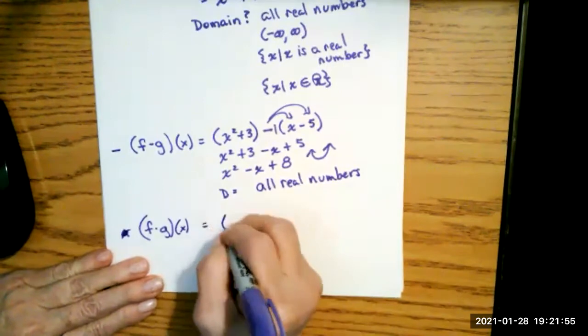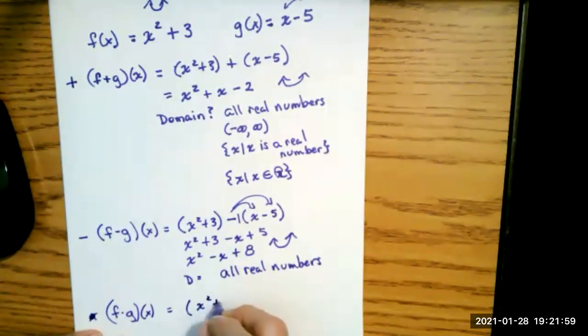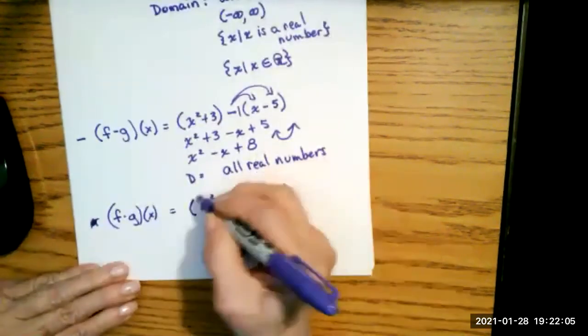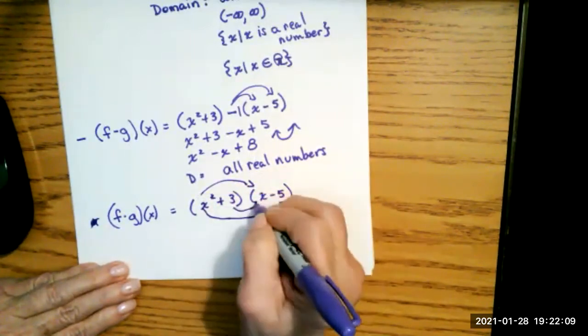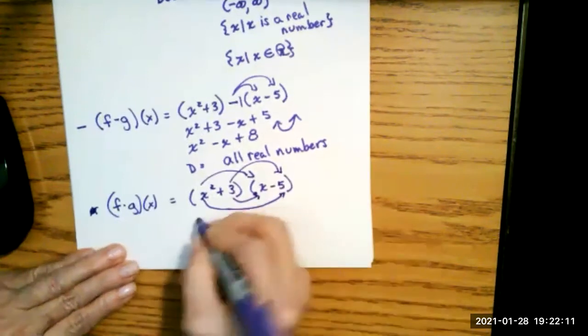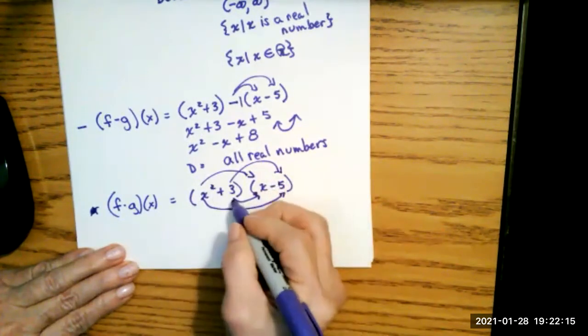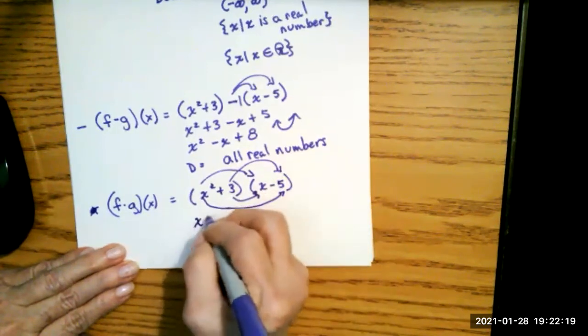So that's equal to, my F function was X squared plus 3, and my G function is X minus 5. And when I multiply them, I'm doing first, outer, inner, last. Or I can distribute the X squared times each of these, and then the 3 times each of these. That's actually the same process.